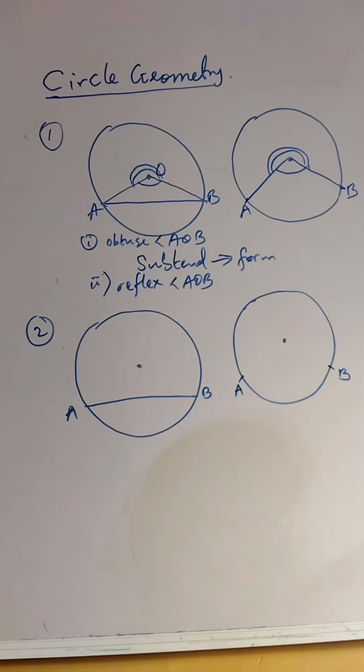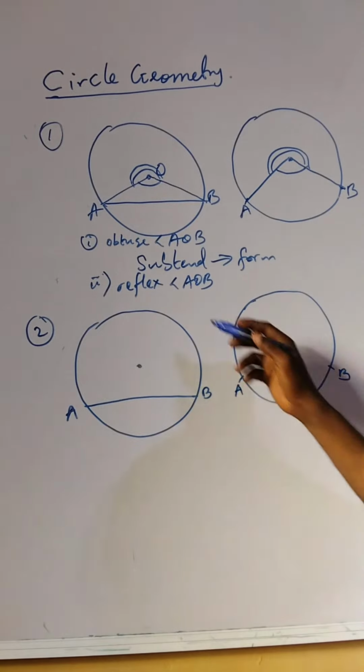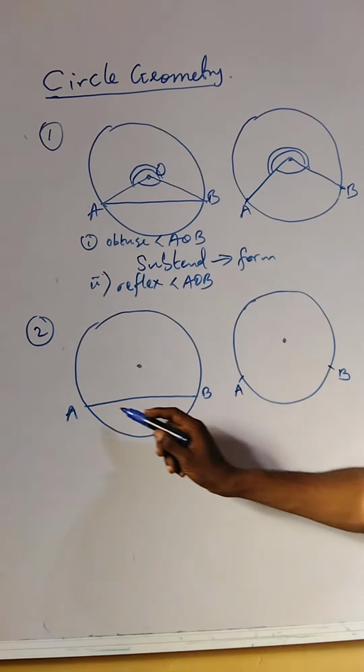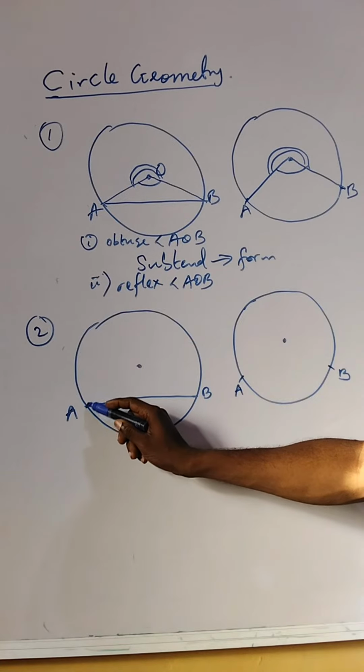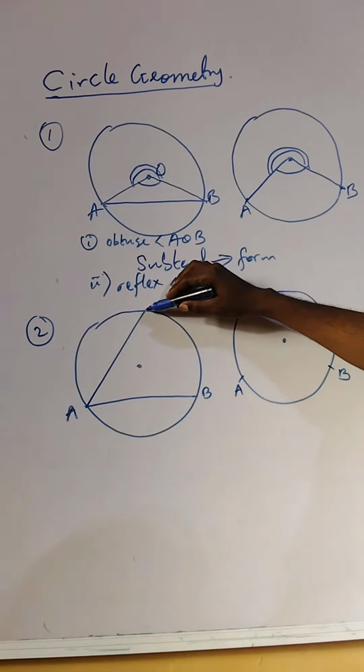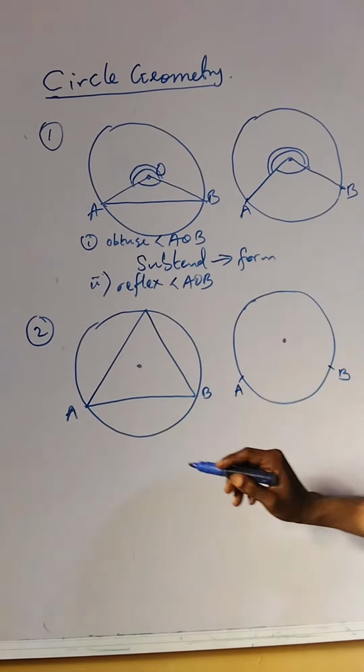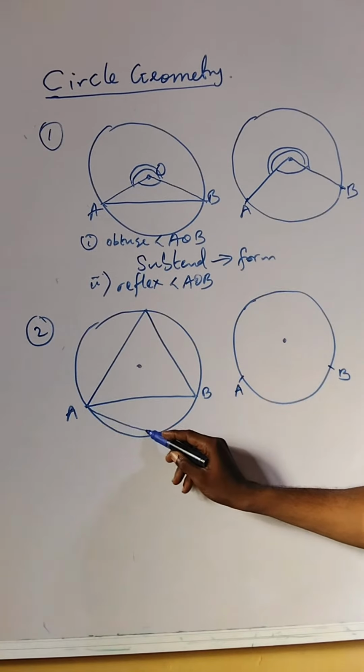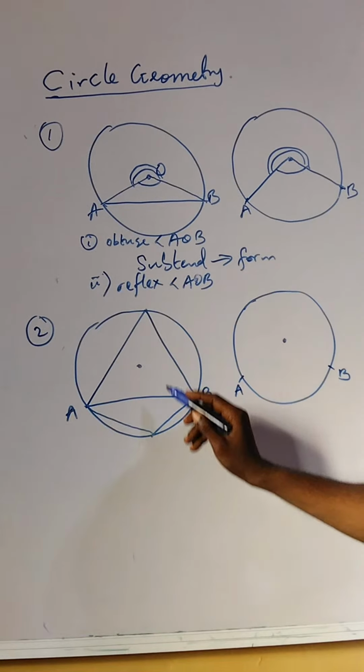Now, this chord and this arc can also subtend angles at the circumference of the circle. That's where we know the circumference is. That's the distance around the circle. So this chord forms an angle at the circumference at this side, and also forms an angle at the circumference at this side, making two angles.